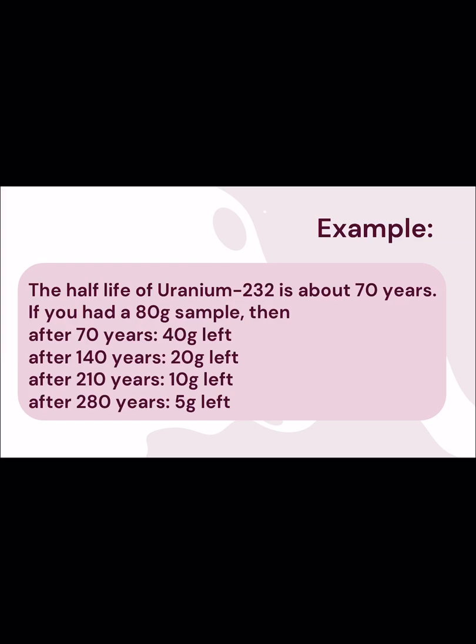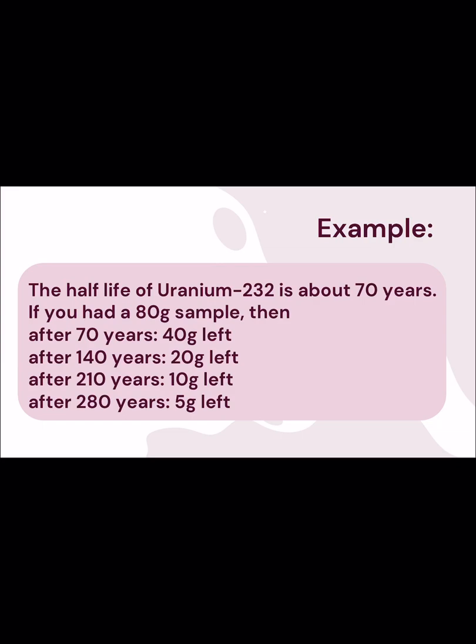Since my half-life is 70 years, it's going to take me about 70 years for there to be 40 grams of my sample remaining. After 140 years, half of that is going to be remaining. So you can just multiply the 40 by 1/2, and you get 20. After another 70 years, half of that amount is going to be left.